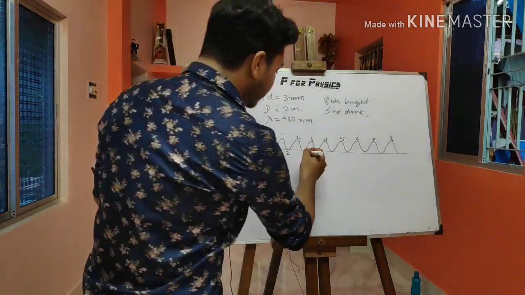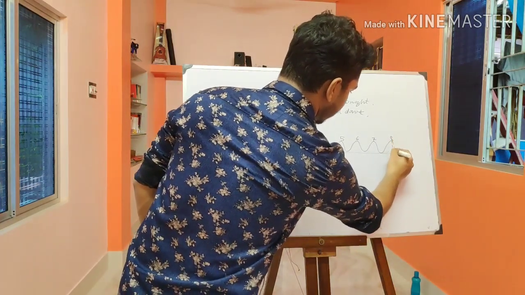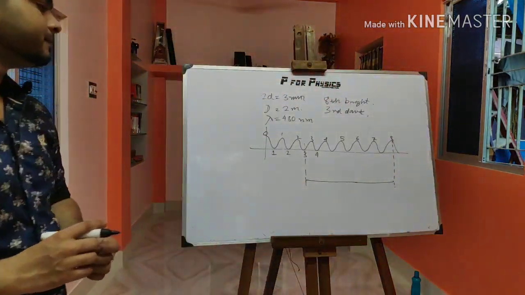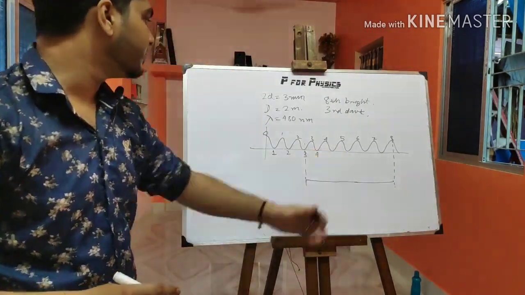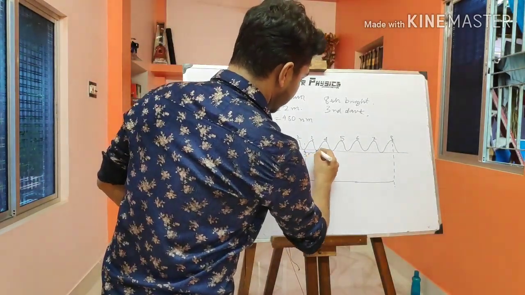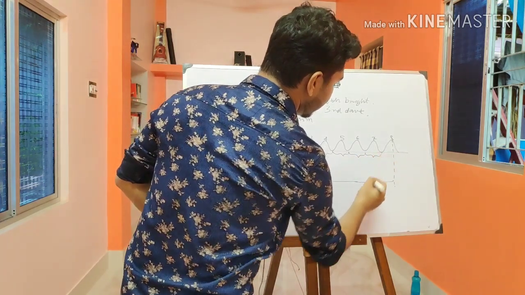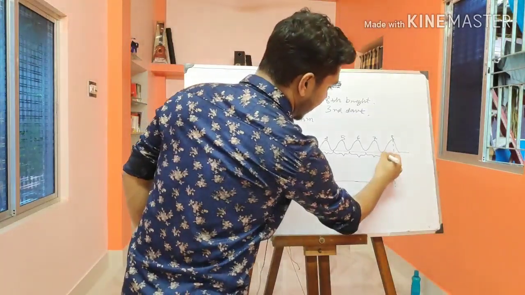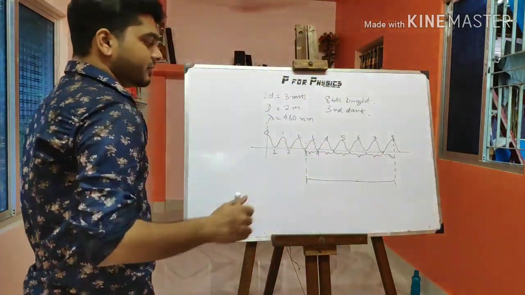So we need to find the distance between the 3rd dark and the 8th bright. Let's count the number of fringes inside this area. We have 1, 2, 3, 4, 5, and the next one is not a full fringe. We have only half the fringe. So we have a total of 5.5 fringes.